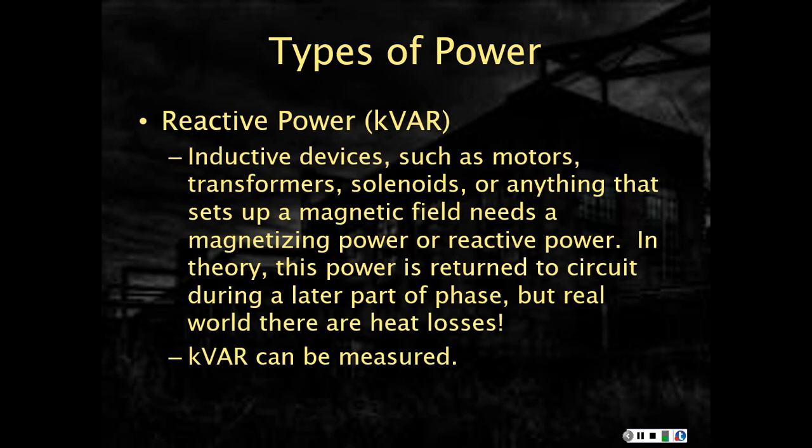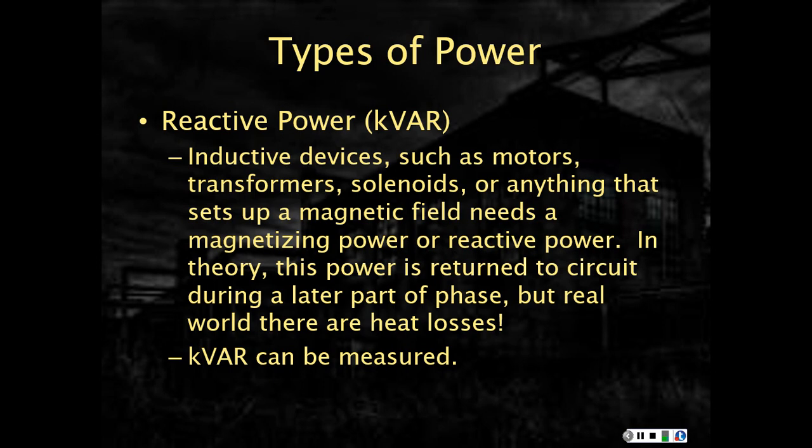And then finally, as we discussed last time, certain devices or loads within a building, ones that require setting up of a magnetic field, in particular motors, transformers, solenoids, actually have to have a magnetizing power or reactive power.